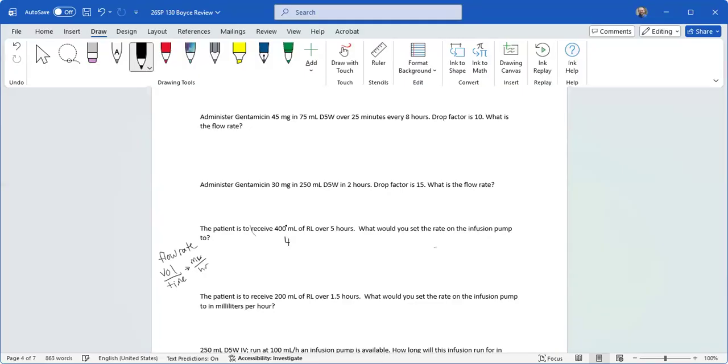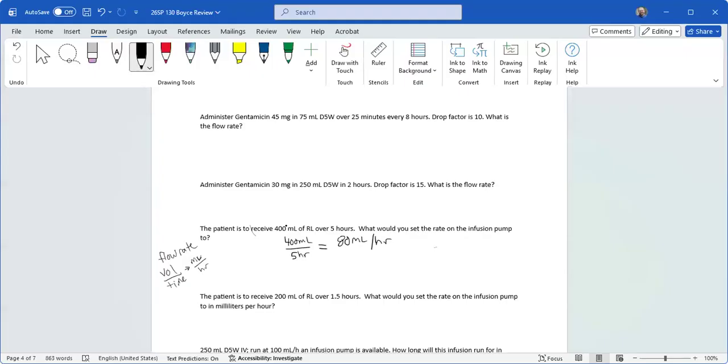So all I'm going to do is take 400 milliliters, put it over the 5 hours, and then reduce the 400 over 5. So you take out your calculator, unless you're really good at doing this in your head, 400 divided by 5, and you would set the infusion to 80 ml per hour.